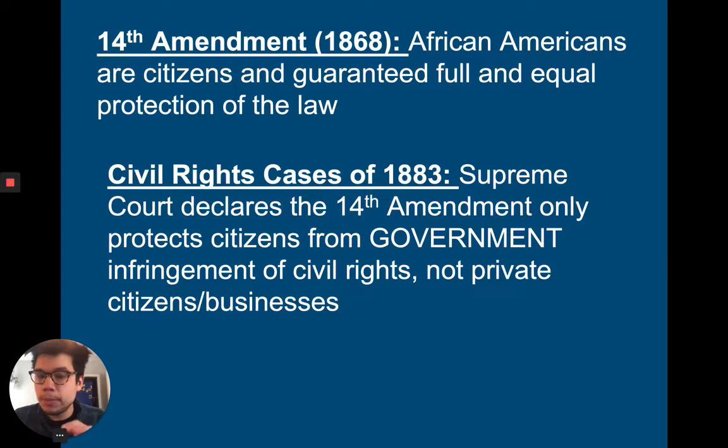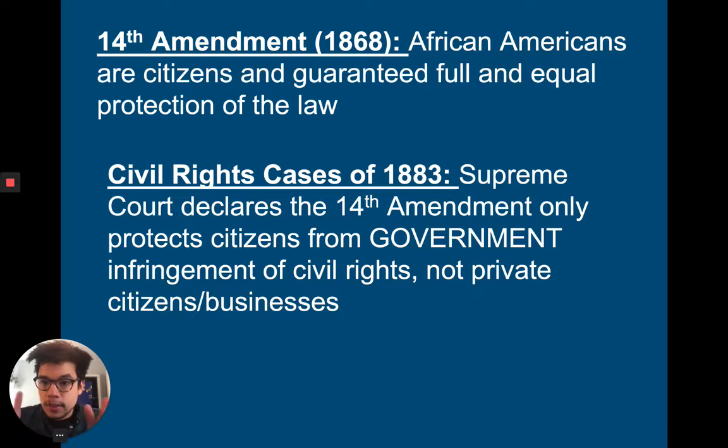So if you're a business owner, a restaurant, a movie theater, you can still deprive African Americans and really any minority of their civil rights, right? So that's setting the stage early on in 1883.